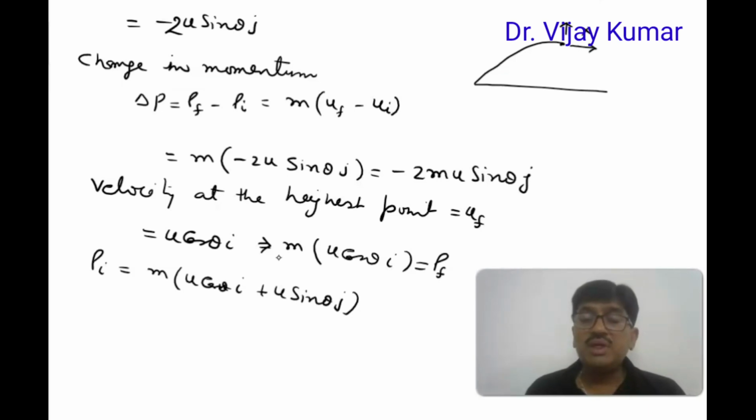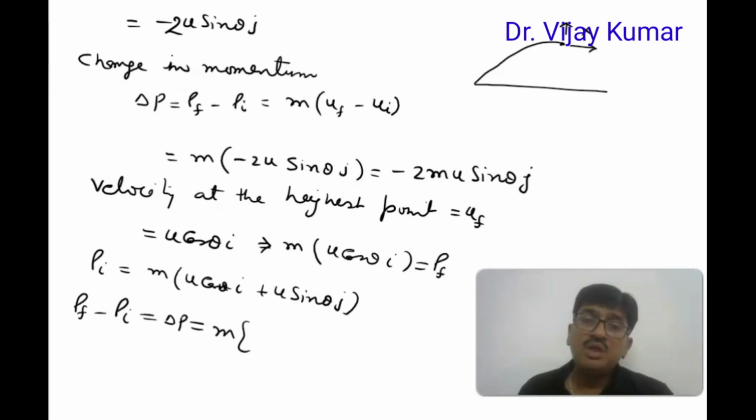So the change in momentum at the highest point with respect to the initial point is pf minus pi. We can represent it by delta p equal to m u cos theta i minus u cos theta i plus u sin theta j.